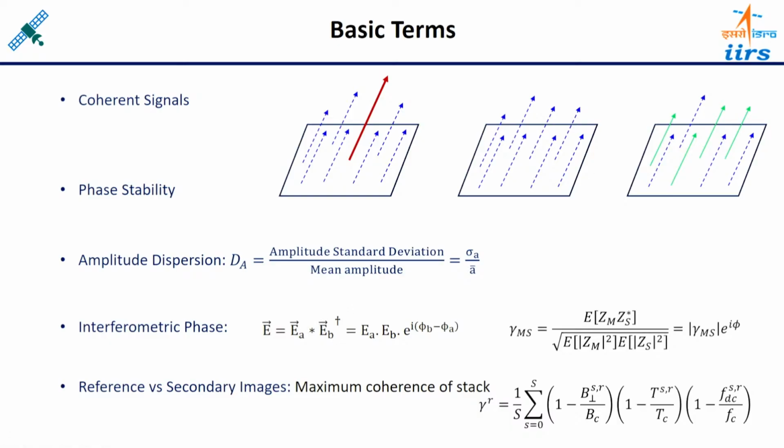This electric field vector can be written with an amplitude, like EA equal to EA0 e to the power i phi A, and EB equal to EB0 e to the power i phi B. So that is complex in nature. The amplitudes of both the signals are getting multiplied, but the exponential parts associated with both the signals are not getting multiplied, they are getting subtracted.